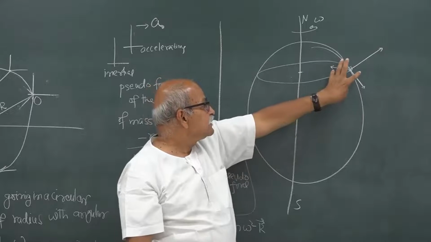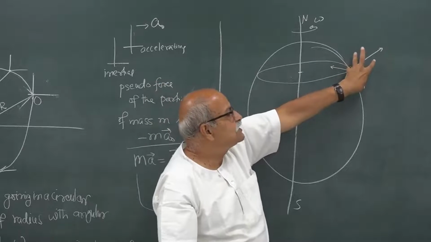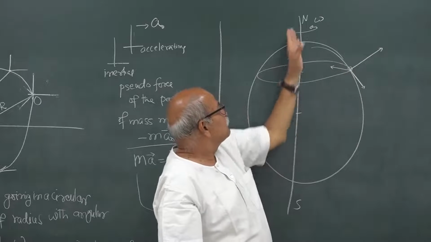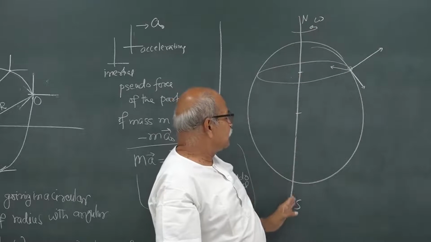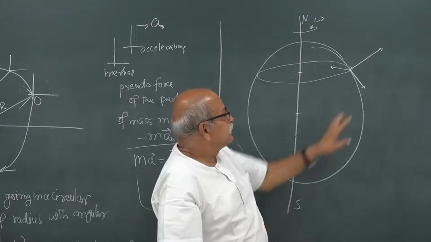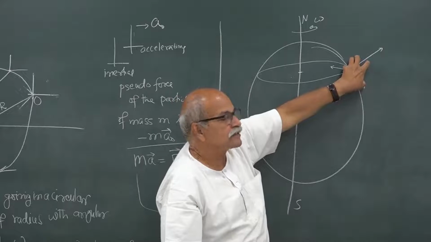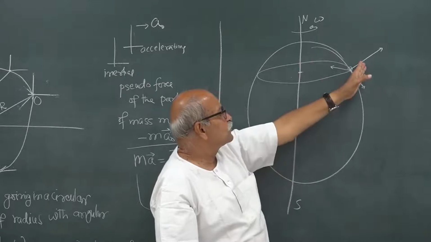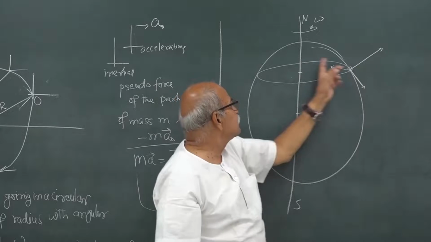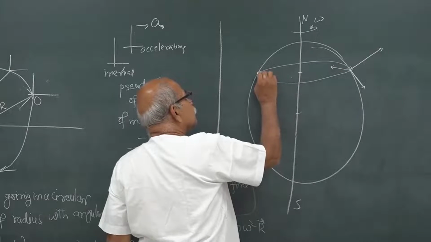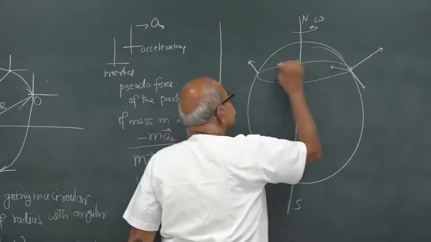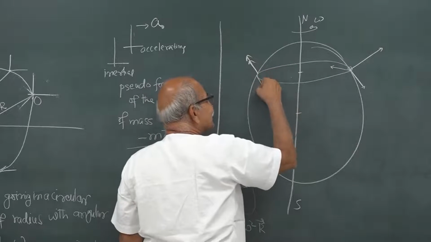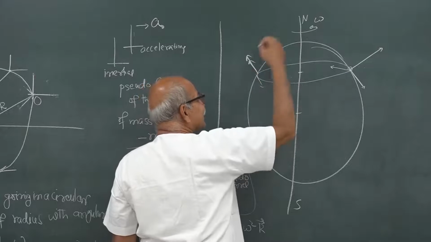Another thing is that the direction is also changing. The whole earth is rotating about this NS line, and this frame is fixed with the earth, so it is also rotating. If this is here, when it comes here, this line will be here, and similarly that line will be somewhere else.